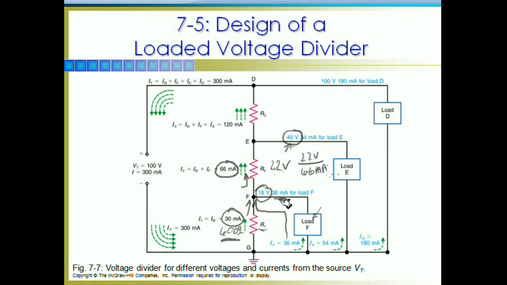So my resistor R2, if I go back to my calculator, I've got 22 volts divided by 0.066 equals 333.333333 ohms.